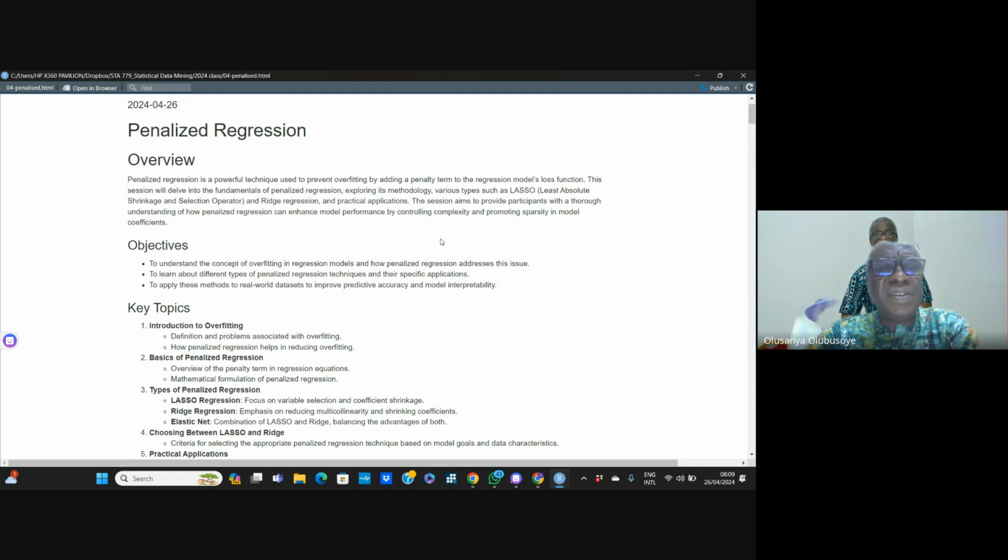And the third is the elastic net penalized regression. So these three will be the focus of our discussion.